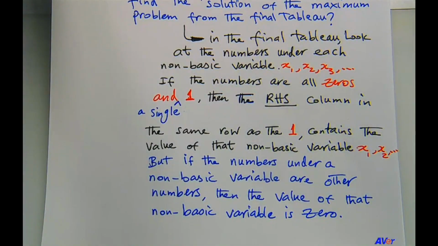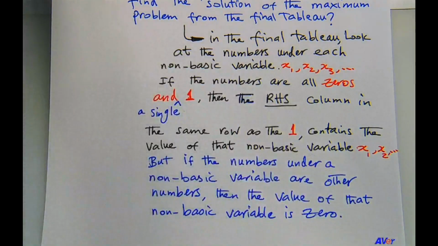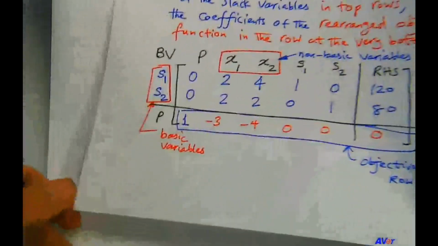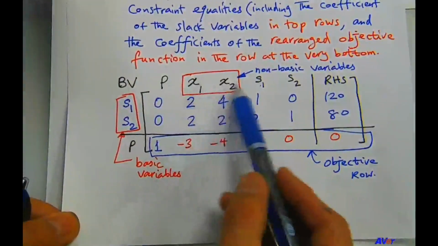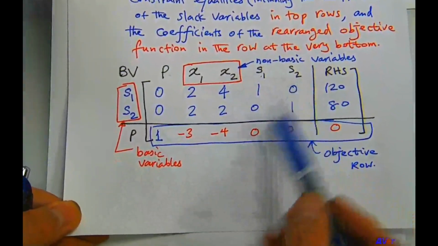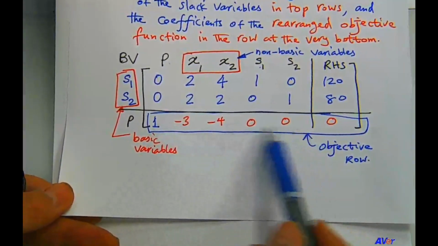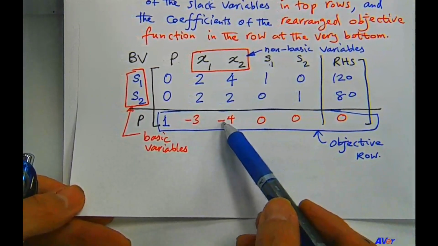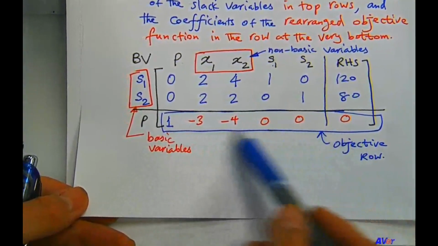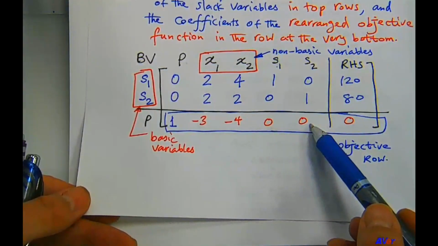Remember, across the top, in the initial simplex tableau, where you have the non-basic variables and then slack variables, because this is the initial simplex tableau, we have negatives in the objective row. But when we reach the final tableau, there's not going to be any negative numbers in this objective row. They're all going to be positive.